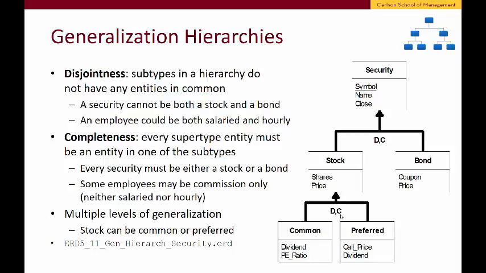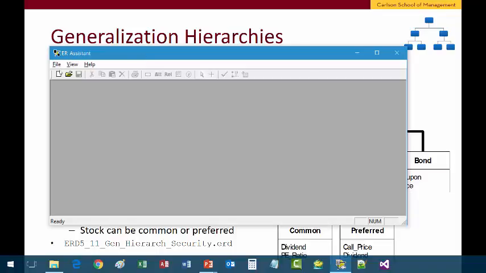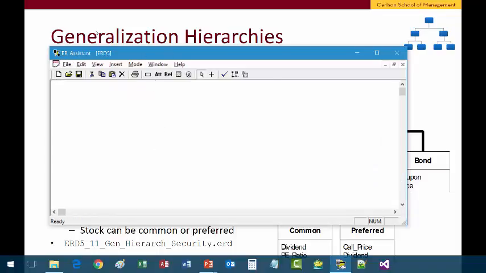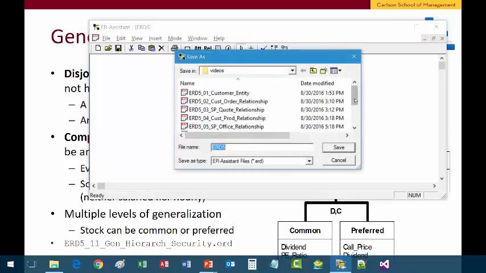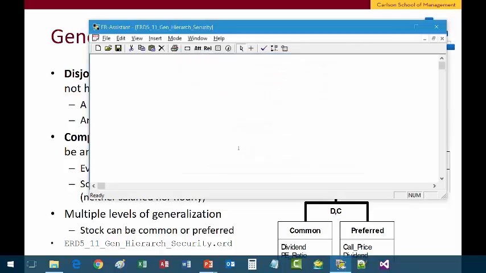So let us open another blank diagram and save it as ERD5 underscore 11 underscore gen hierarchy security.